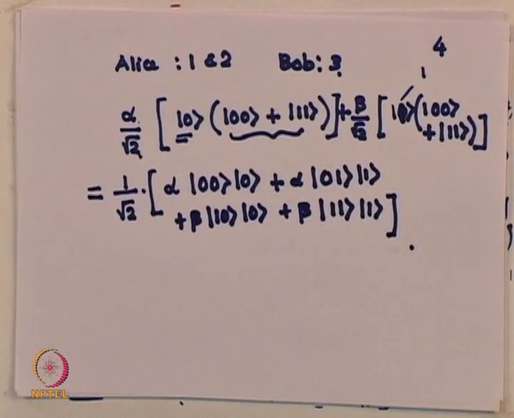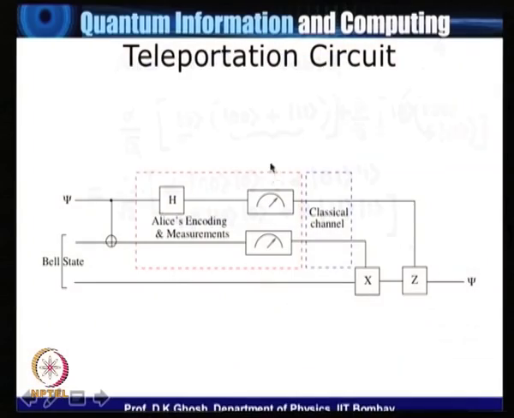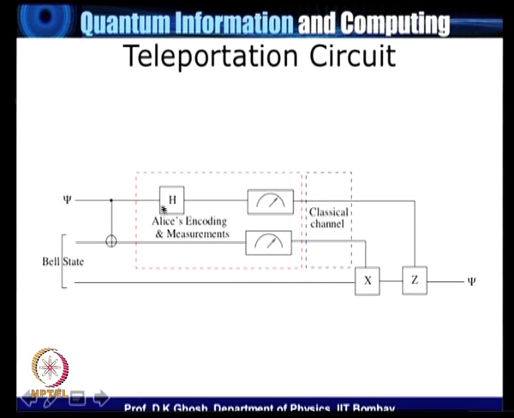Okay. With this, now let us go back to the circuit and see what is happening. Look at the slide again. The first step is Alice applies a CNOT, taking the first qubit as the control and the second qubit as the target.